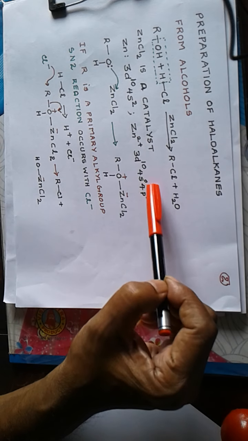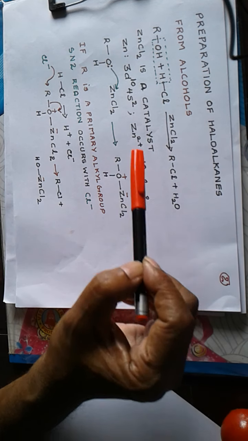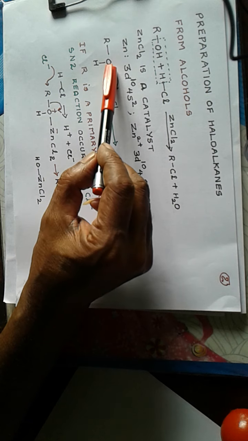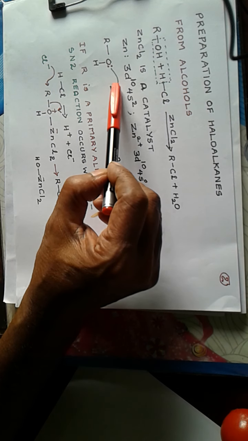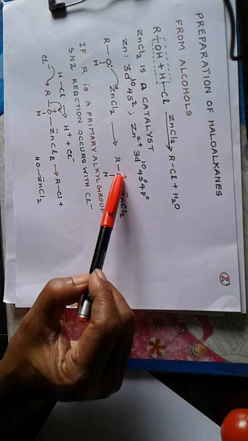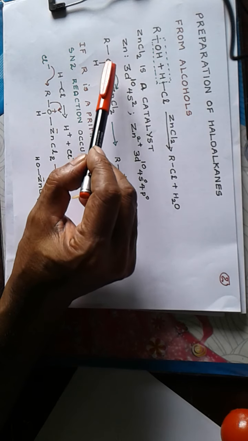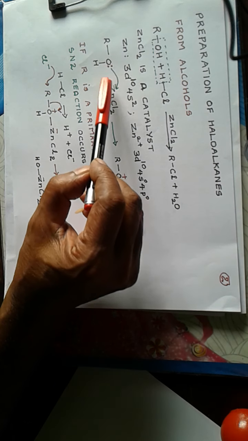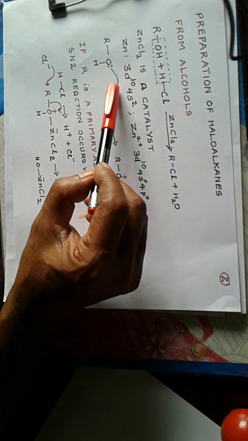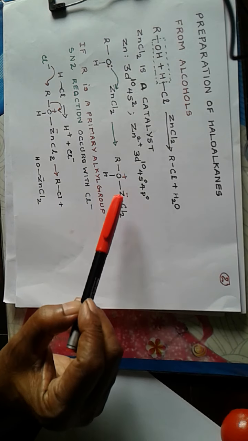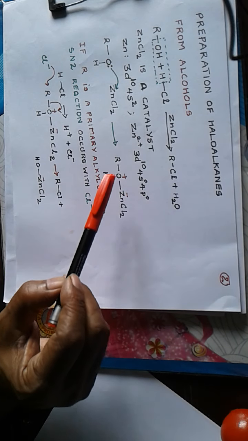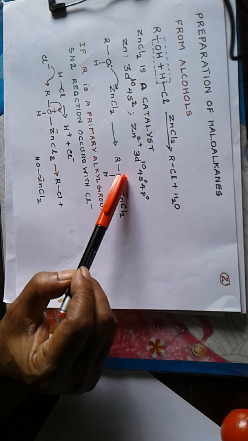Into these vacant orbitals, that is the 4s orbital, an electron pair of oxygen may be received, so that we get an O-Zn bond. Since a pair of electrons is donated, one electron goes to the zinc atom, forming a negative charge on zinc and a positive charge on oxygen.